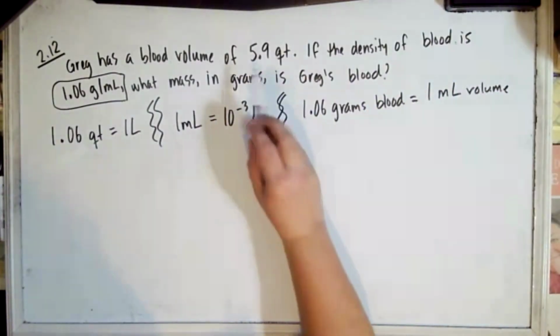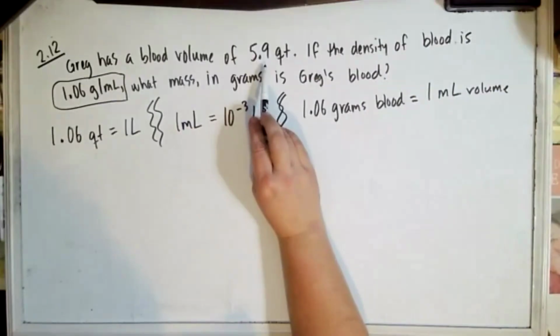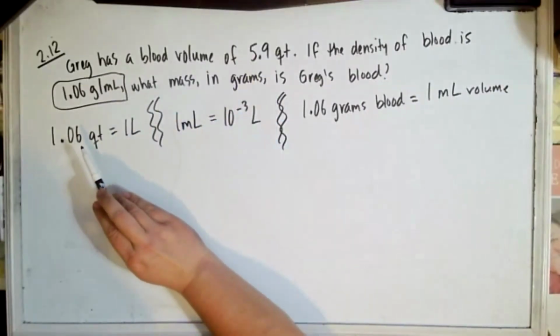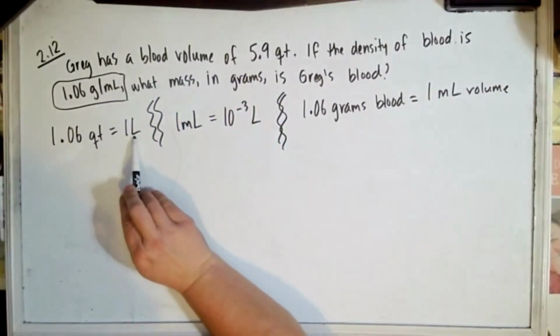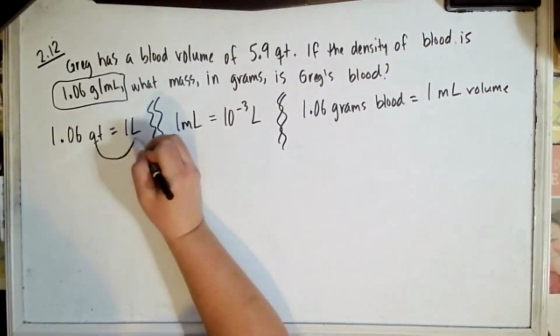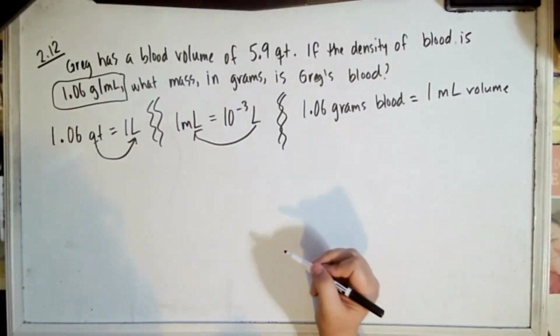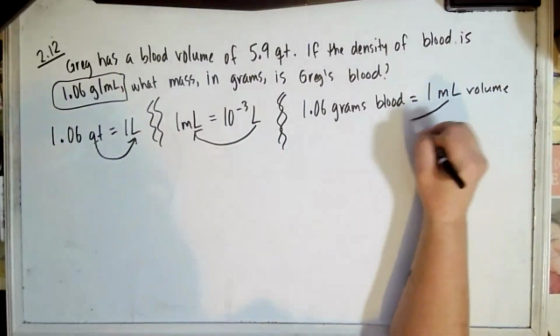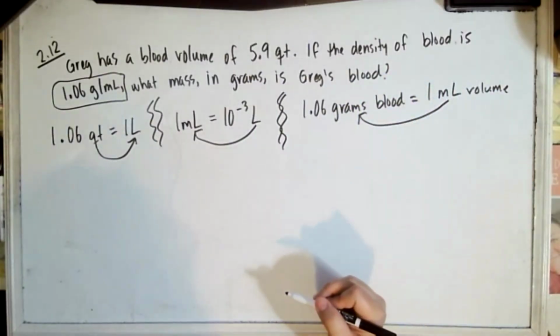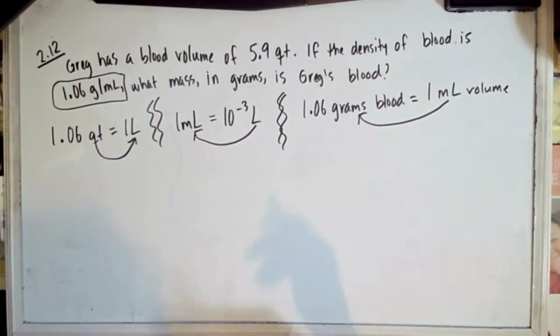Okay. So if Greg has a blood volume of 5.9 quarts, we can take the quarts and turn it into liters. Then we can take the liters and turn it into milliliters. Then we can take those milliliters and turn it into grams. Okay. And that's going to be our plan of action here. So we're going to start by rewriting the 5.9 quarts.